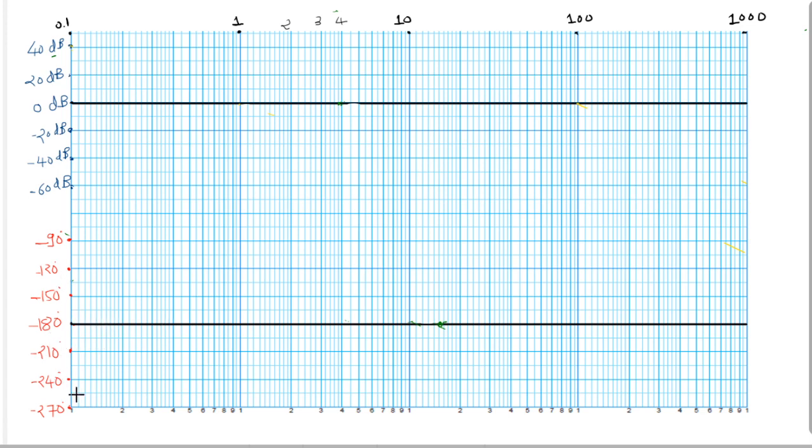This table from 0.1 to 1 has lines 0.1, 0.2, 0.3, 0.4, 0.5, 0.6, 0.7, 0.8, 0.9, and then 1. Then from 1 to 10: 1, 2, 3, 4, 5, 6, 7, 8, 9, and 10.